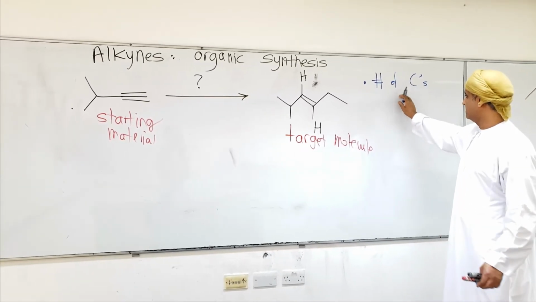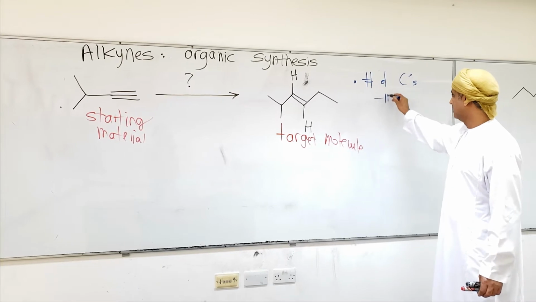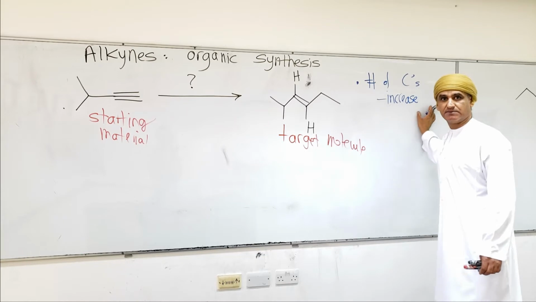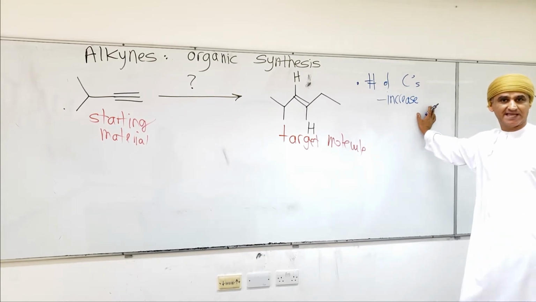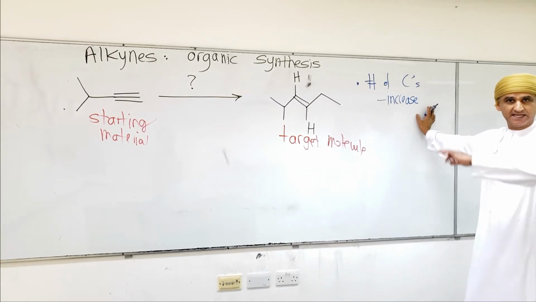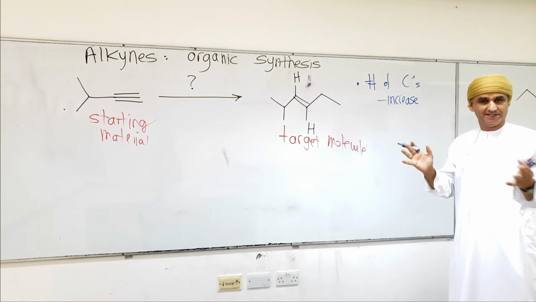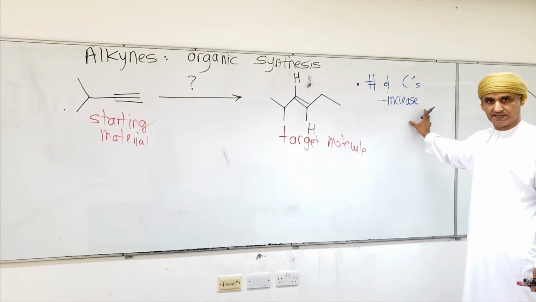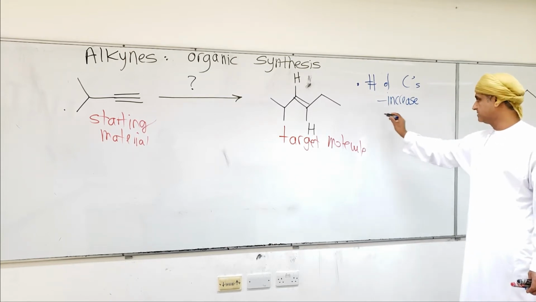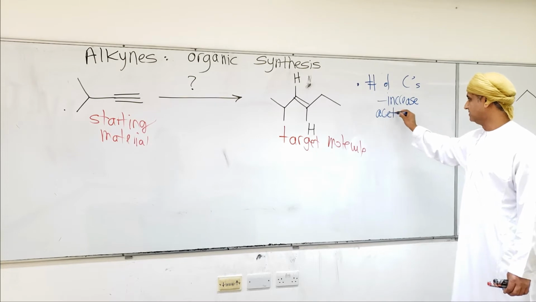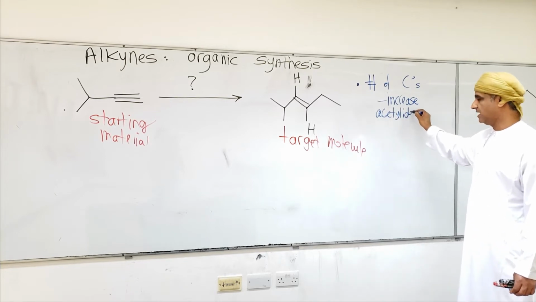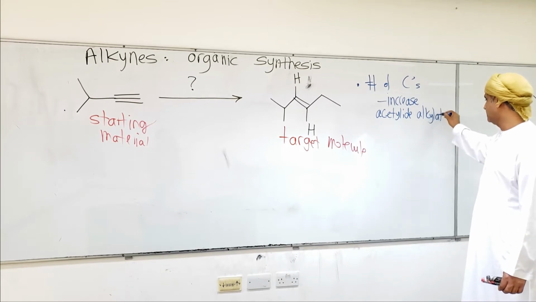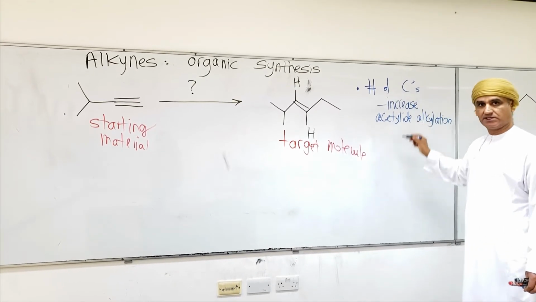So if the number of carbons has increased, then we should think of the possible reactions by which the number of carbons can increase. And in this case, with the theme of the chemistry of alkynes, one way to increase the number of carbons is by acetylide alkylation, which is, of course, formation of the acetylide ion first, and then acetylide alkylation.